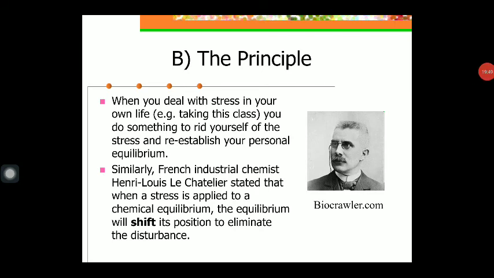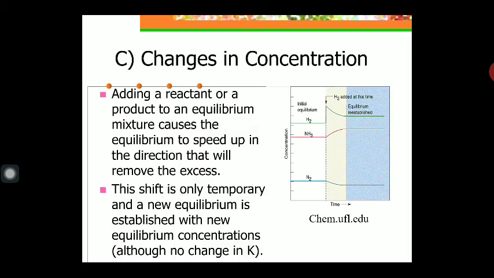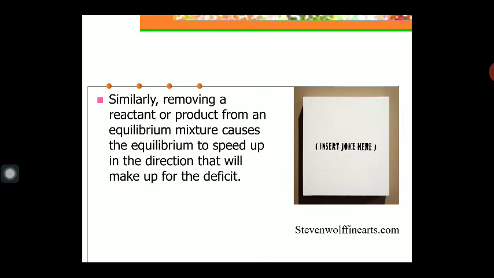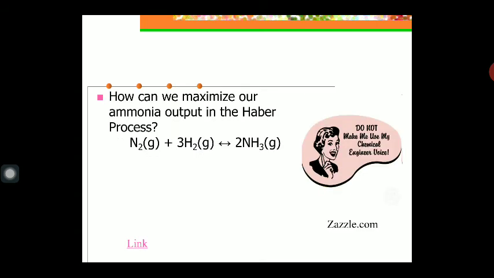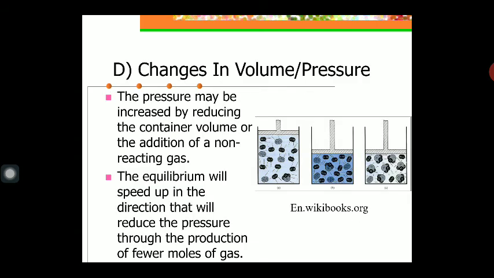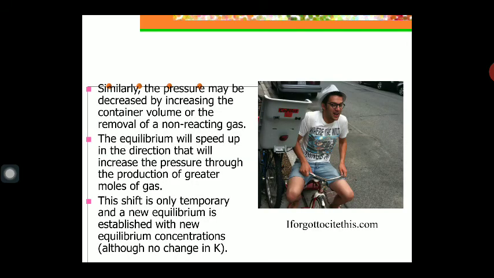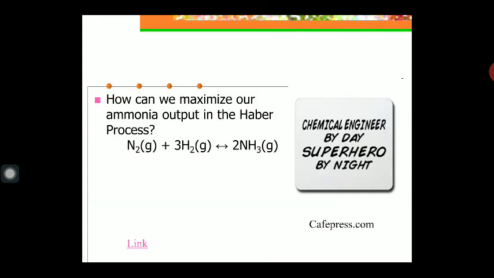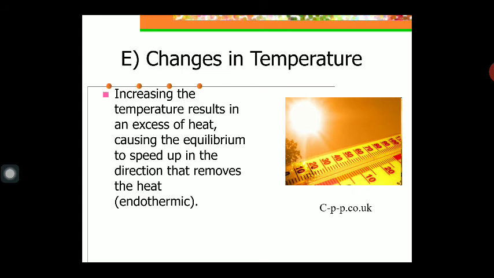Once you recall the Le Chatelier principle, the concentration change can be estimated by this example. The change of the pressure and volume can be explained by this example. The change of the temperature can be explained by this example.